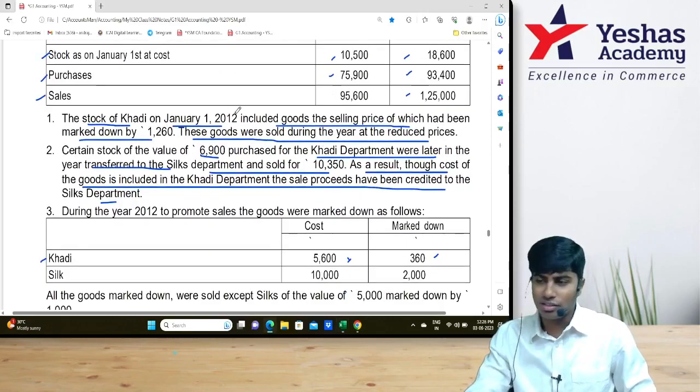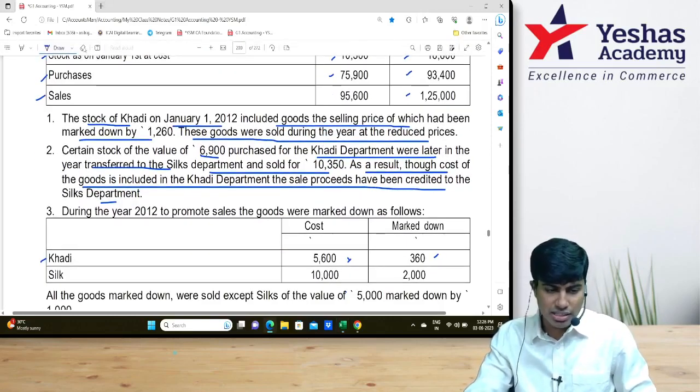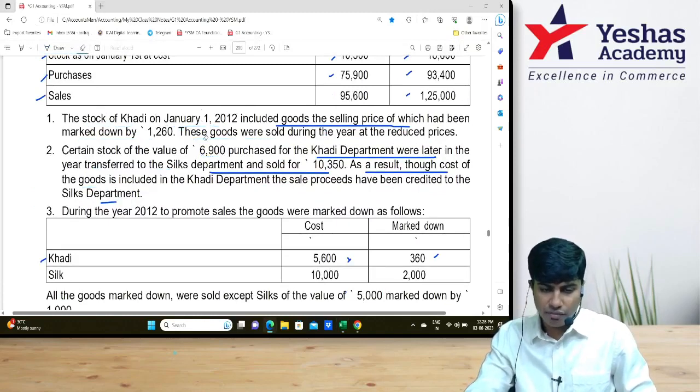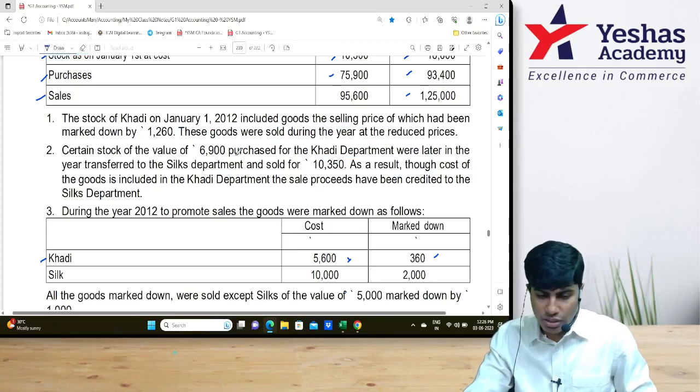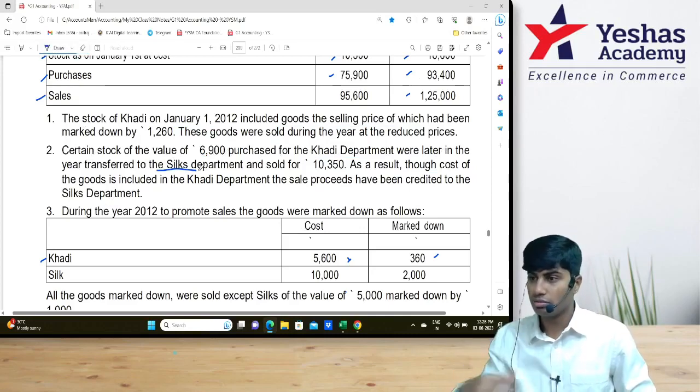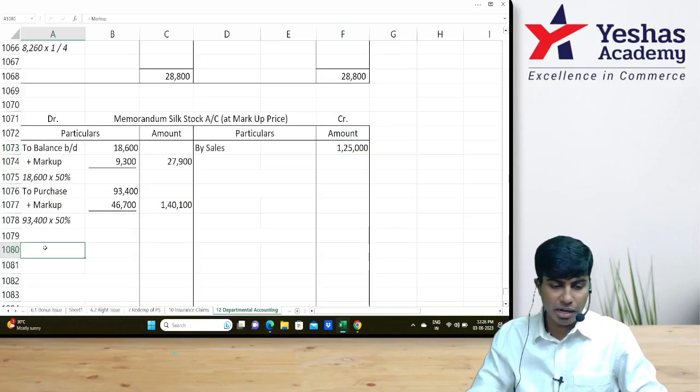What's after that? That's it. Marked down is on khadi, not on silk. Read this entirely, anywhere silk is there. First adjustment is not there. Come to the second adjustment. Certain stock of value 6,900 purchased for the khadi department were later transferred to silk. For silk it will be purchases, debit side, inter-department transfer.